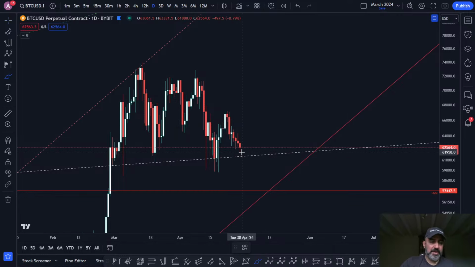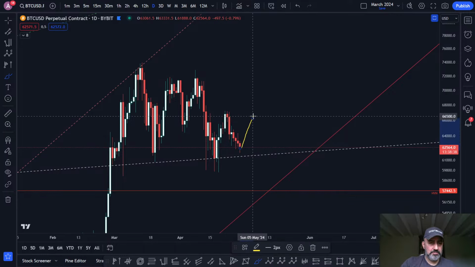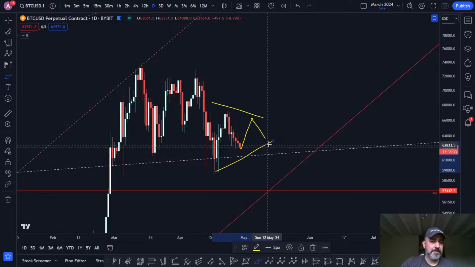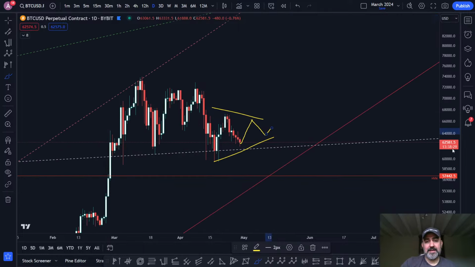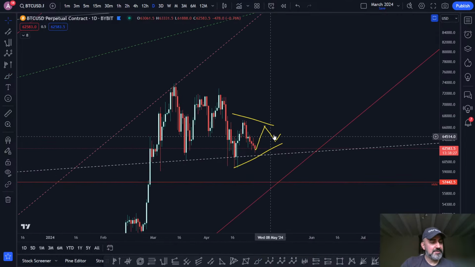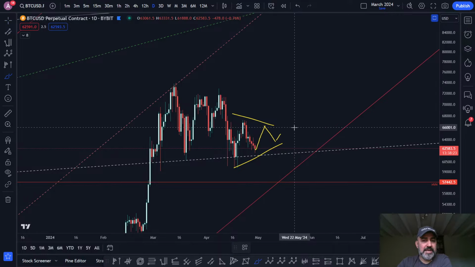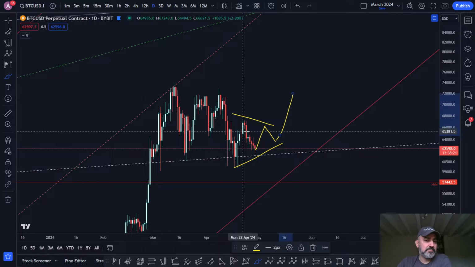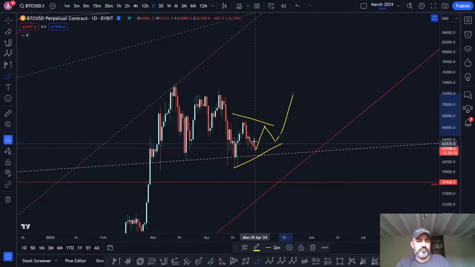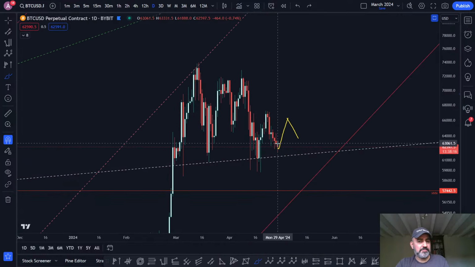Right now it looks pretty weak, but if you suddenly see the structure change to form something like this, then you might think, actually, this isn't looking too bad. This isn't as weak as I thought. This is now actually looking quite good to potentially break out. Right now it's looking pretty miserable.